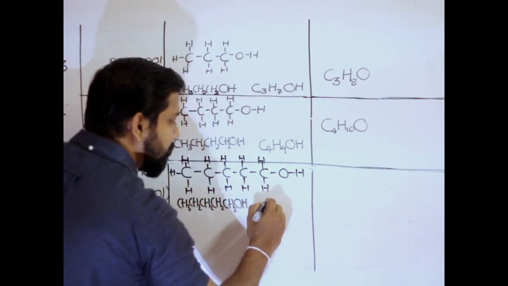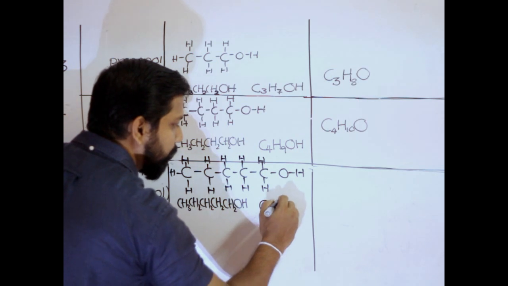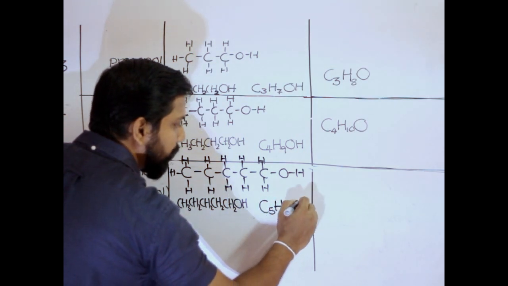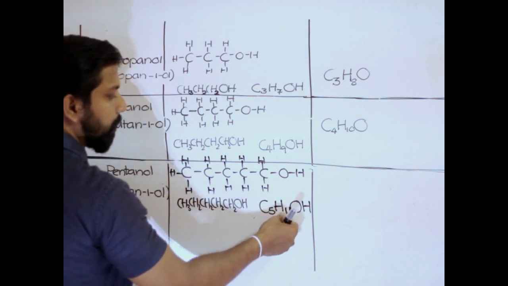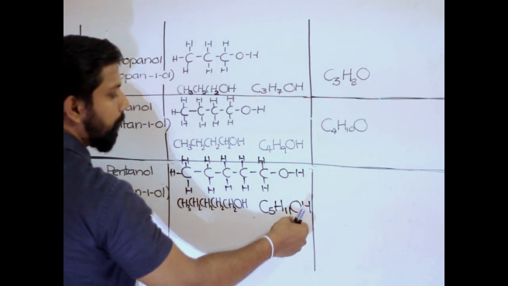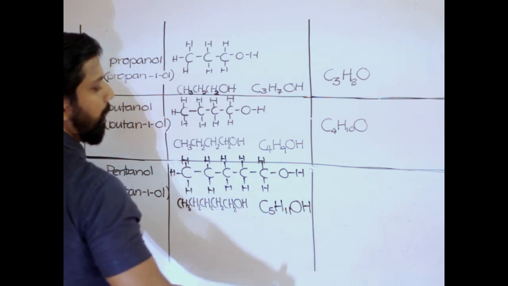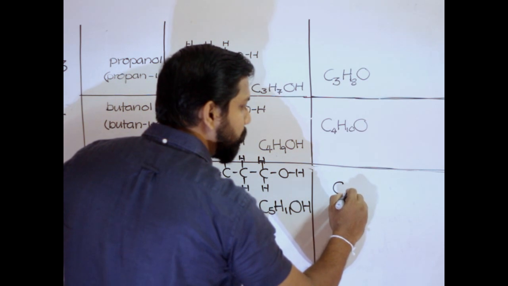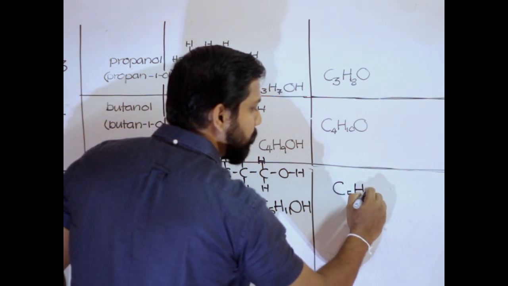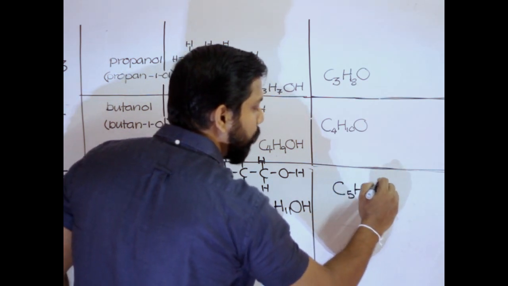So when I condense this, I get C5H11OH. I have 5, here it's 5 into 2 plus 1 hydrogen atoms, and 1 hydrogen atom for the OH. When I write this completely condensed, then I get C5H12O.